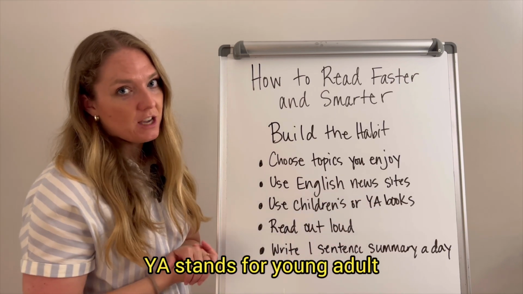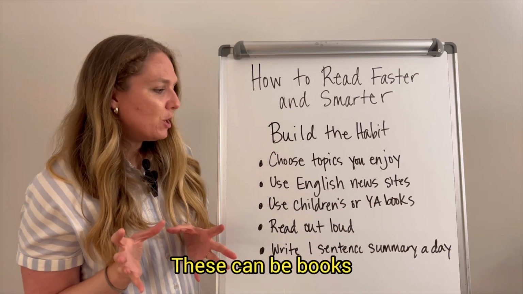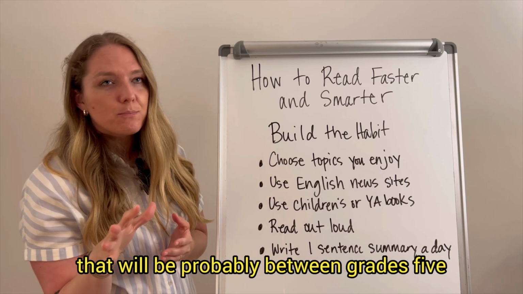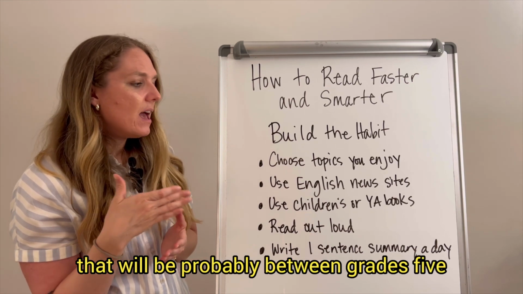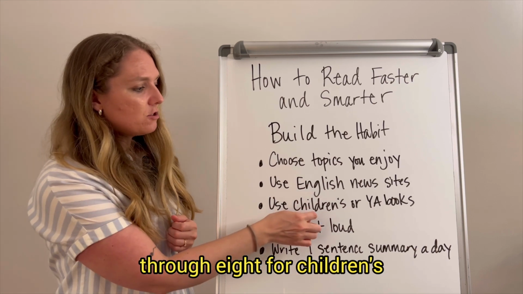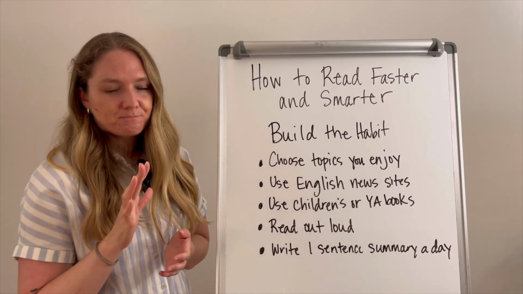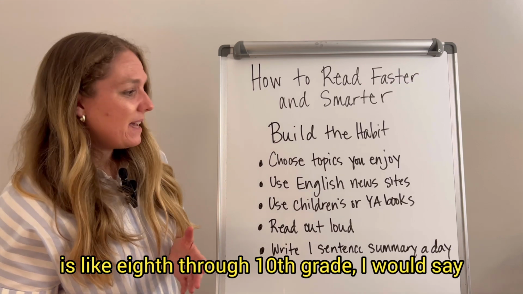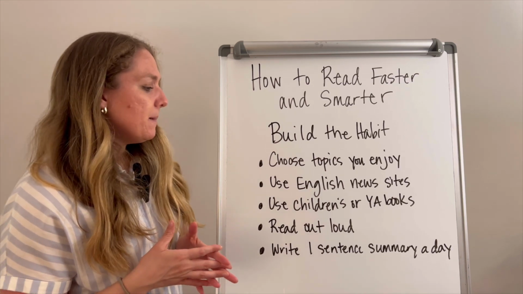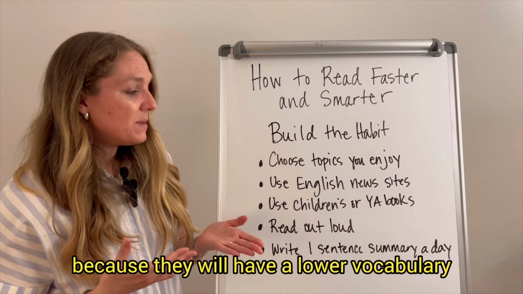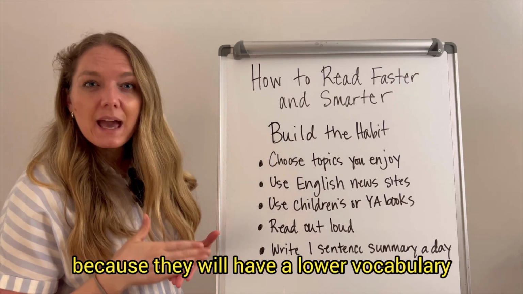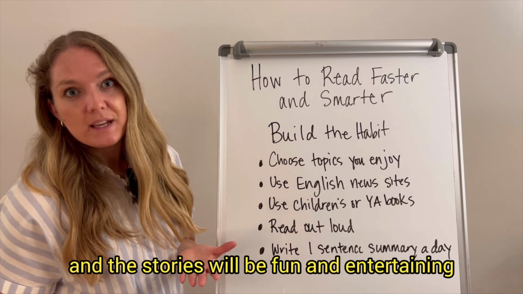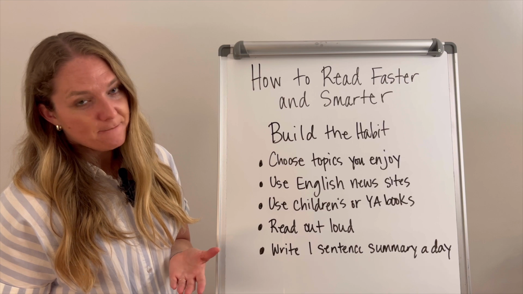YA stands for young adult. These can be short chapter books that will be probably between grades 5 through 8 for children's, and then young adult is like 8th through 10th grade, I would say, maybe 12th grade. But you can read these books because they will have a lower vocabulary, but still be really good practice. And the stories will be fun and entertaining.